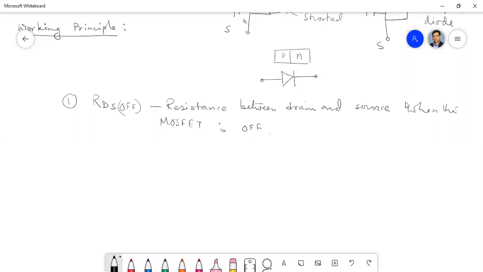Okay, so typical value is several megohm.